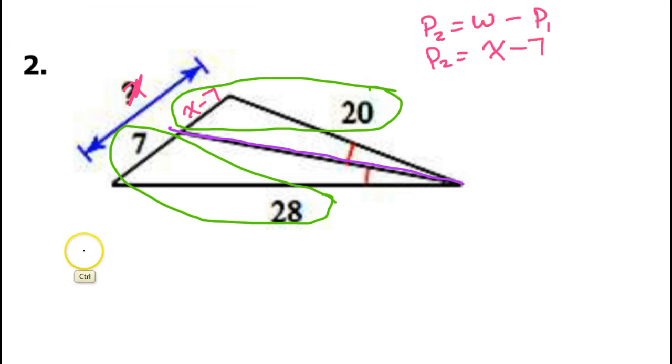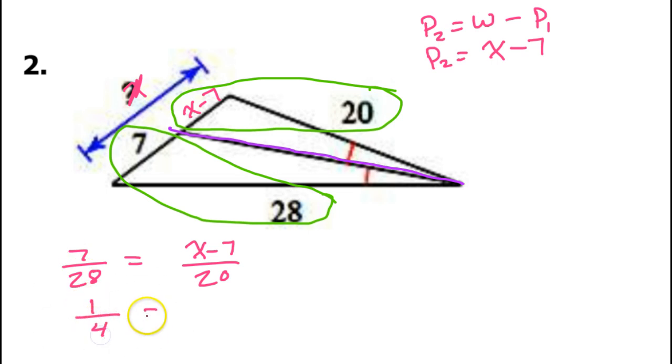So that's going to give us 7 over 28 is equal to x minus 7 over 20. This reduces, these are both divisible by 7, so this is going to be 1 over 4 is equal to x minus 7 over 20.